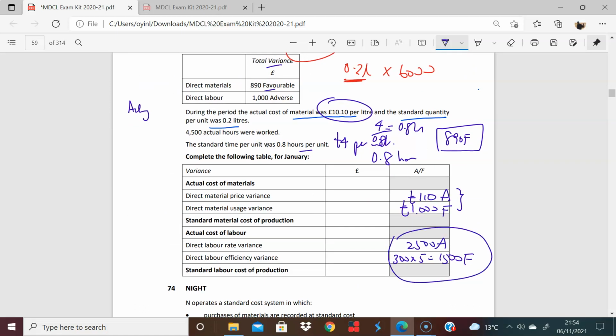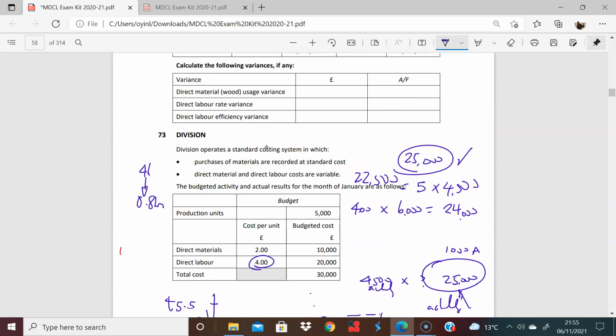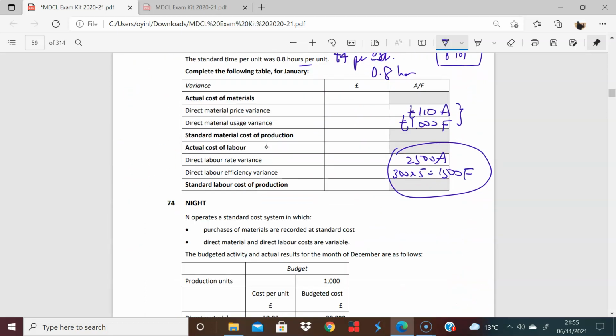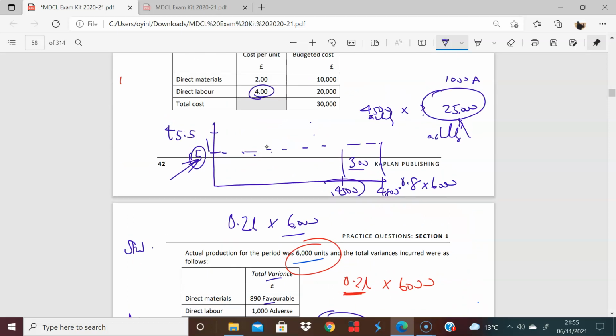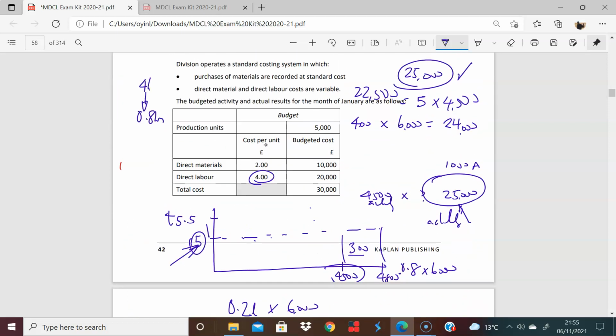Add these two together and you see you have this 1,000 adverse. That's how you get the 1,000 adverse. So you can see here they've actually done some good work. The actual cost, oh, I think I did all of that earlier on in terms of getting the actual cost of material. So my standard cost of labor here was 4 times... I did that here.